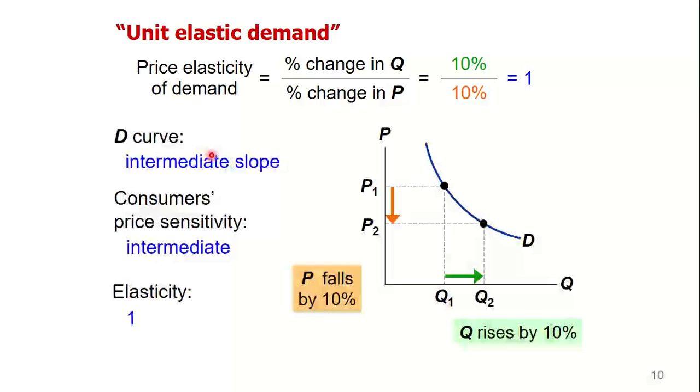So price falls by 10% and quantity rises by 10%. By putting these values in this formula, that is 10% over 10%, we get 1, which means unit elastic.